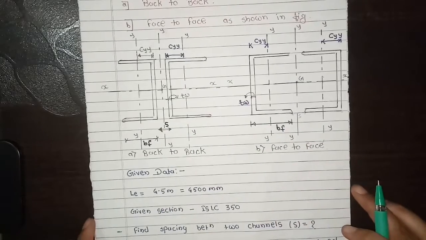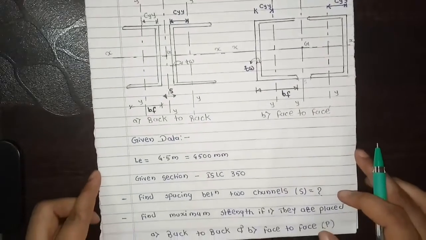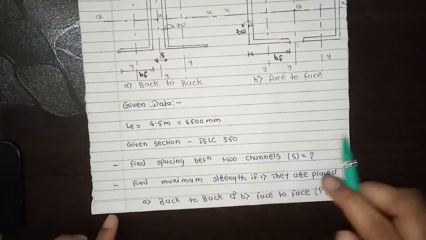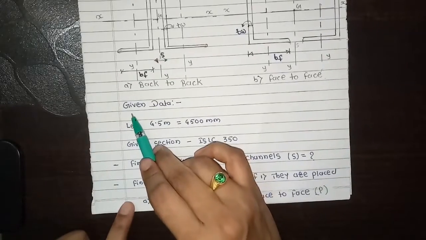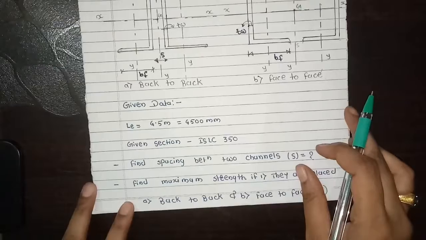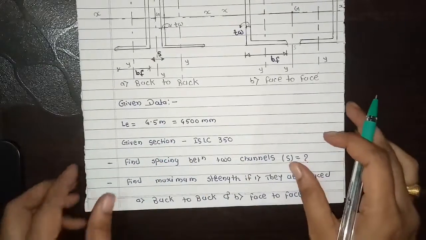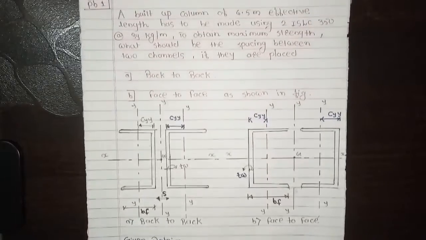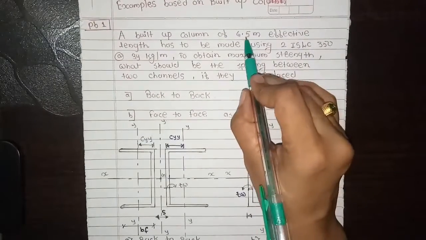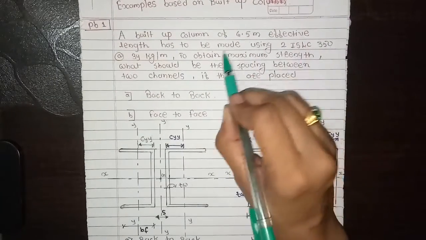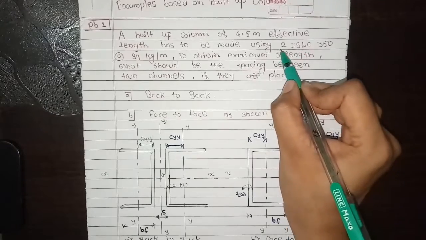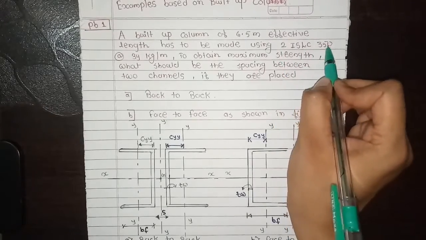Okay, first of all, write down the given data. L effective is equal to 4.5 meter, which is 4500 mm. The given section is 2 ISLC 350.